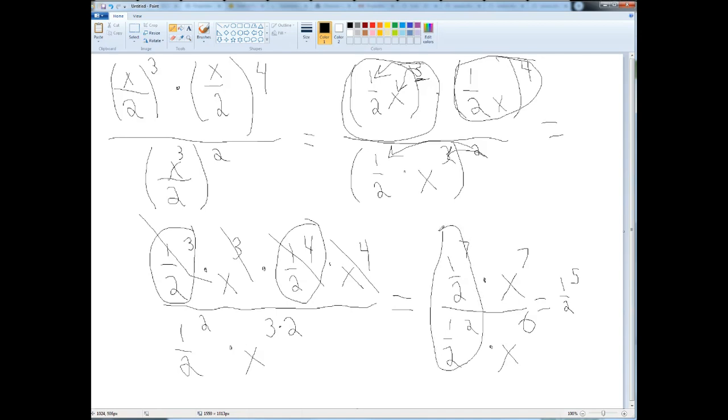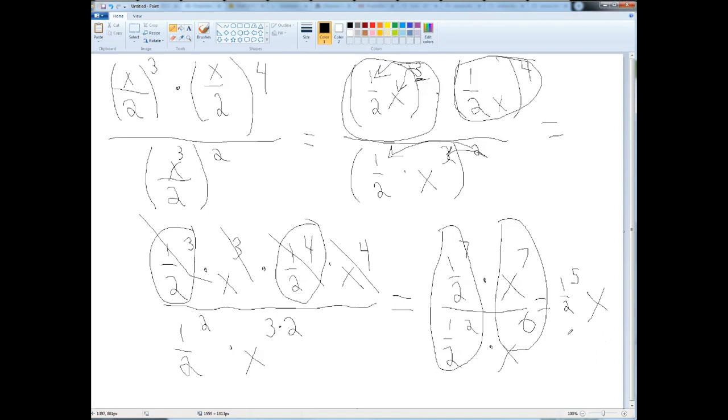You end up with 1/2 to the power of 5, and then you can subtract the next one. x to the power of 7 minus x to the power of 6 is simply x. So you have 1/2 to the power of 5 times x.